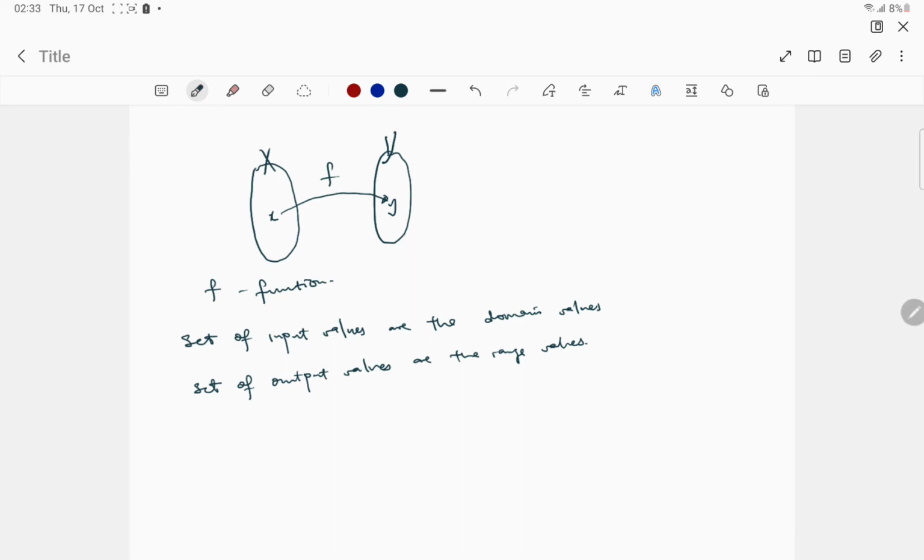So I'd like you to consider a function as kind of a machine. You input your products here, and you expect to get the output here.